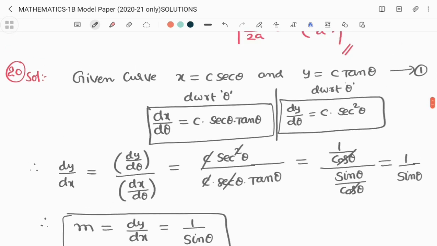So x value c secant theta is x1, y value c tan theta is y1.